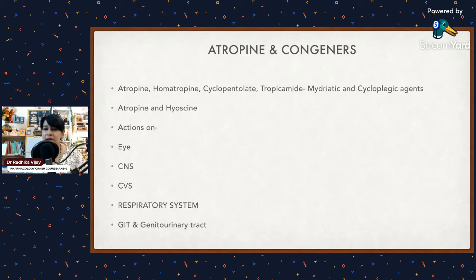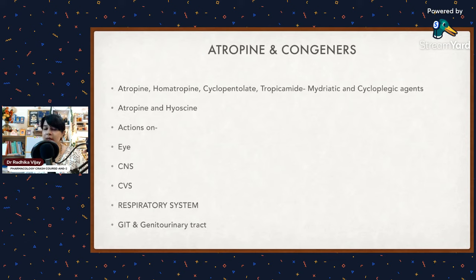The use is in fundus examination, so that the maximum part of the retina can be seen. Cycloplegia is very useful. It allows the correct assessment of the refractive error. And pain in iridocyclitis: what is the reason of this pain? That is due to the spasm of the ciliary muscles, and that can also be relieved by cycloplegia.